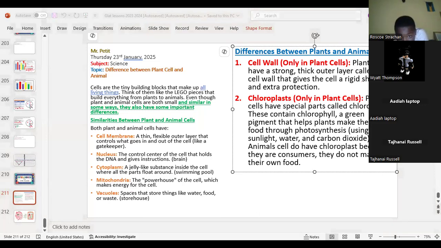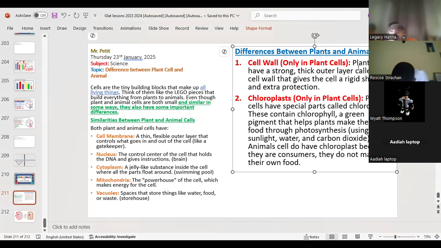Because they make their own food and they are not consumers. What do chloroplasts have in them that helps plants make their own food? A green pigment called chlorophyll. Very good.